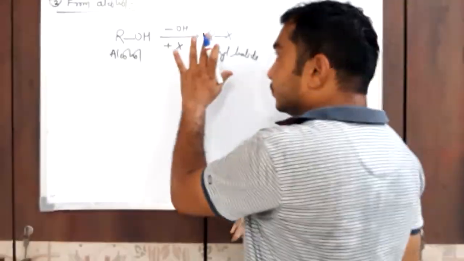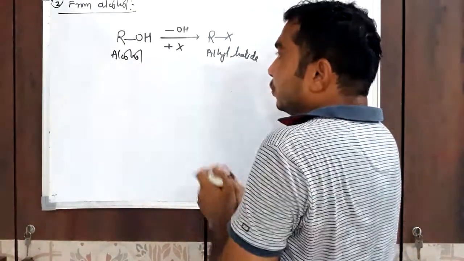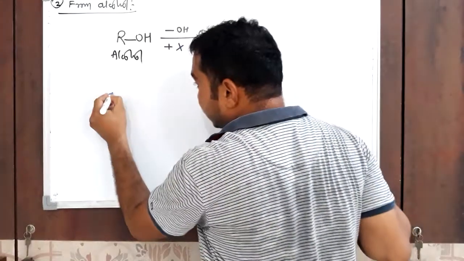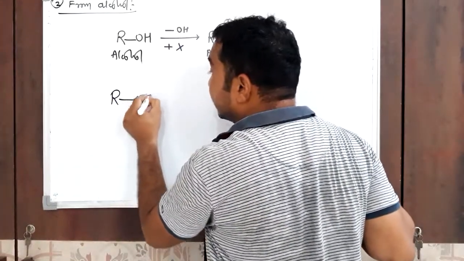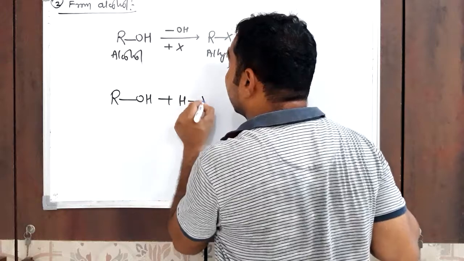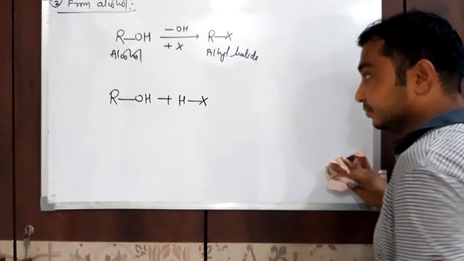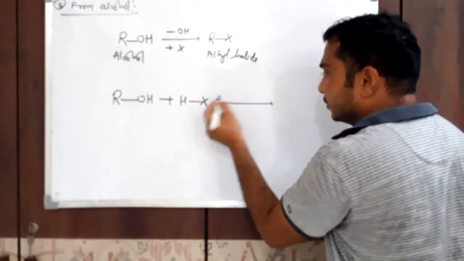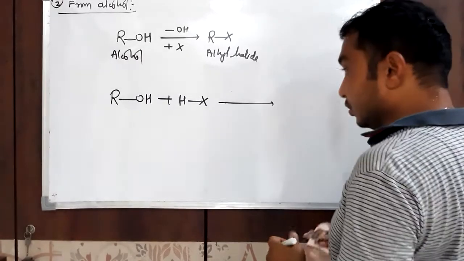Now for replacing OH by halogen, this alcohol is treated with hydrogen halide under suitable conditions.